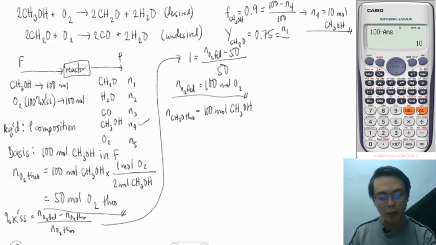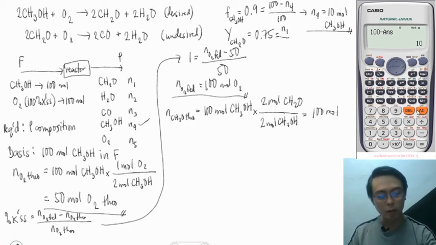So considering the desired equation, our coefficients are 2 moles of CH3OH per 2 moles of CH2O. So that tells us that the theoretical yield, or the theoretical number of moles of CH2O, is 100 moles. So going back to the yield, this is 0.75 equals N1, or the actual yield, over the theoretical yield of 100. We get a value of N1 that is 75 moles CH2O.